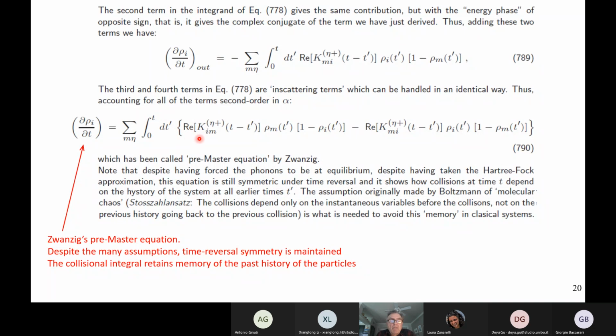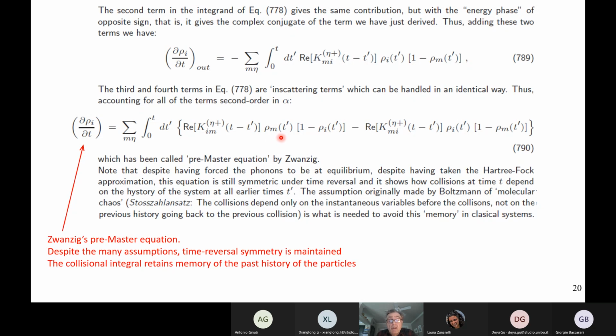So the tricky thing here, which is a little surprising, is we made lots of assumptions. We have assumed that the electrons and phonons are at equilibrium, at T equals 0, decoupled at initial time. So the density matrices for electrons and phonons are just decoupled, and the total density matrix is just the tensor product of the two.